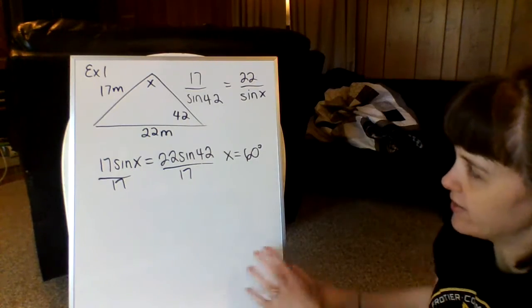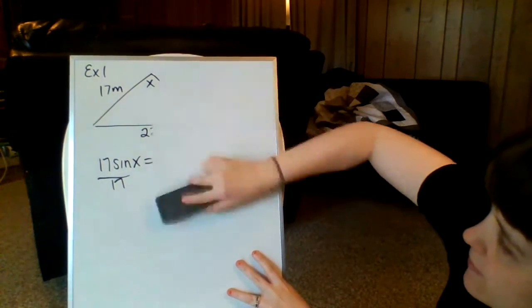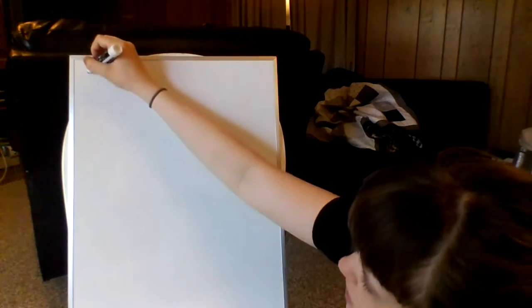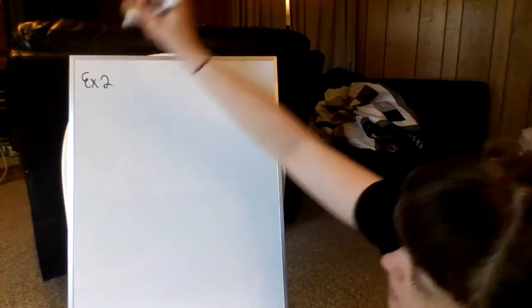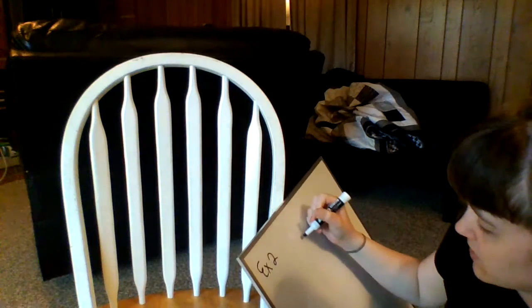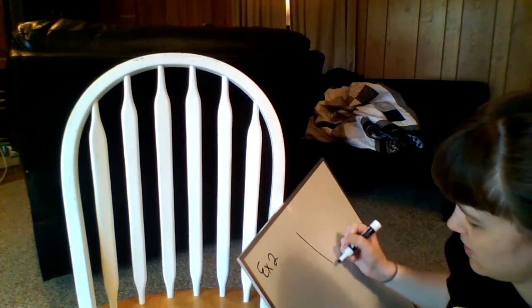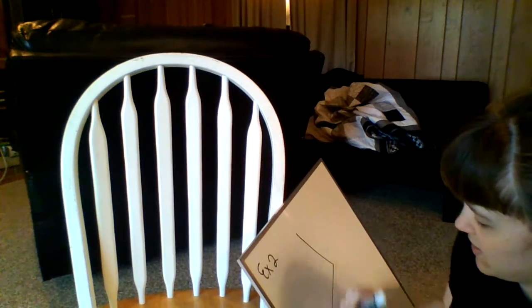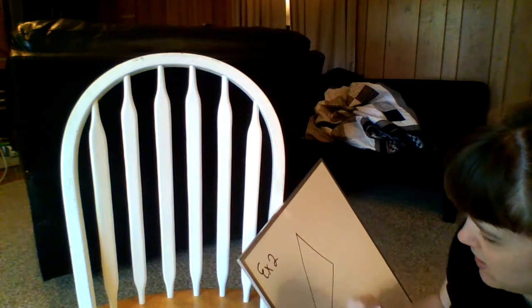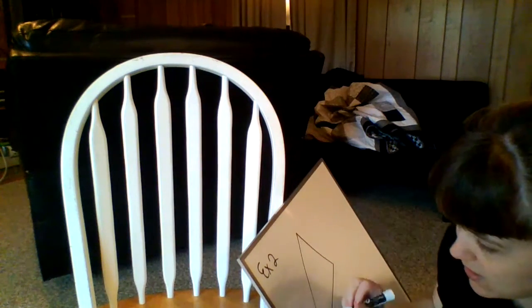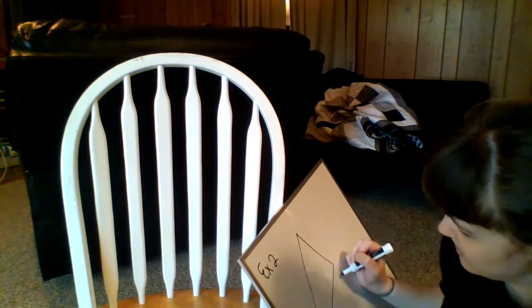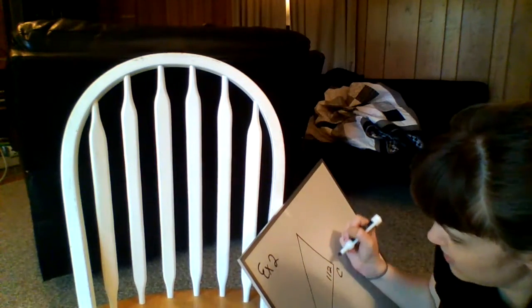Okay, let's try it. Okay, so example 2. I'm going to draw you the triangle, so hang on. Looks something like this. Okay, this is angle B, this is angle C, which is 112.